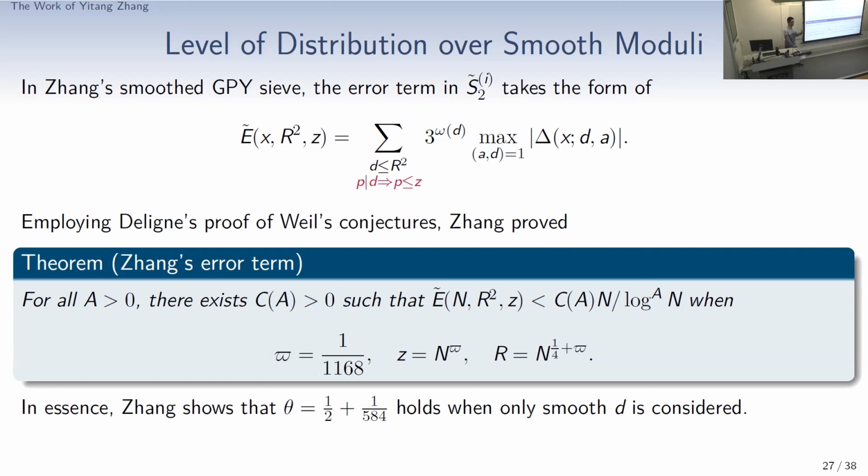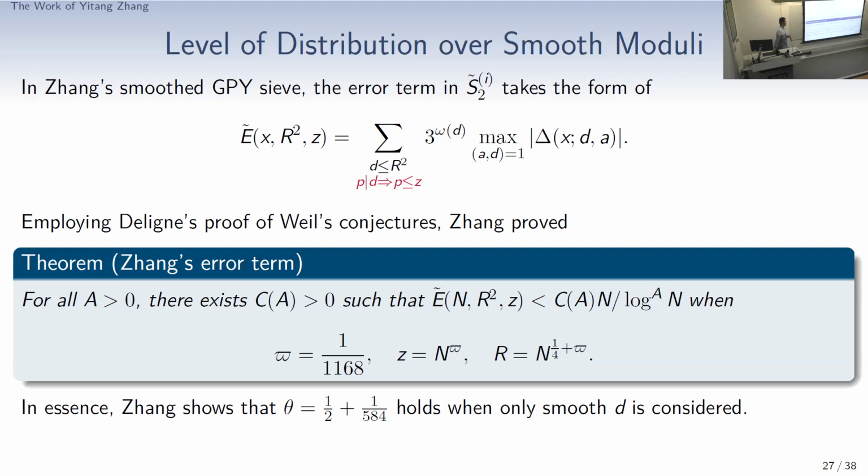In the GPY theorem, we show that if this term is removed and we can make theta greater than 1/2, then we have bounded gaps. In Zhang's situation, plugging in this R gives a theta greater than 1/2, which indicates that we have bounded gaps between primes.